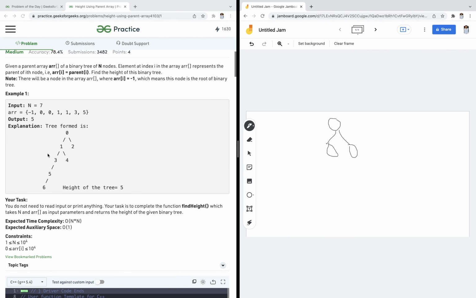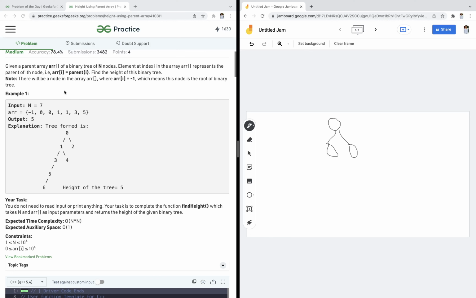Suppose n is the number of nodes. This is the array which they are giving. So -1 means that it's the topmost node in the tree, or what we can say the first node in the tree. So 0 means that index 1 is a child of node 0.